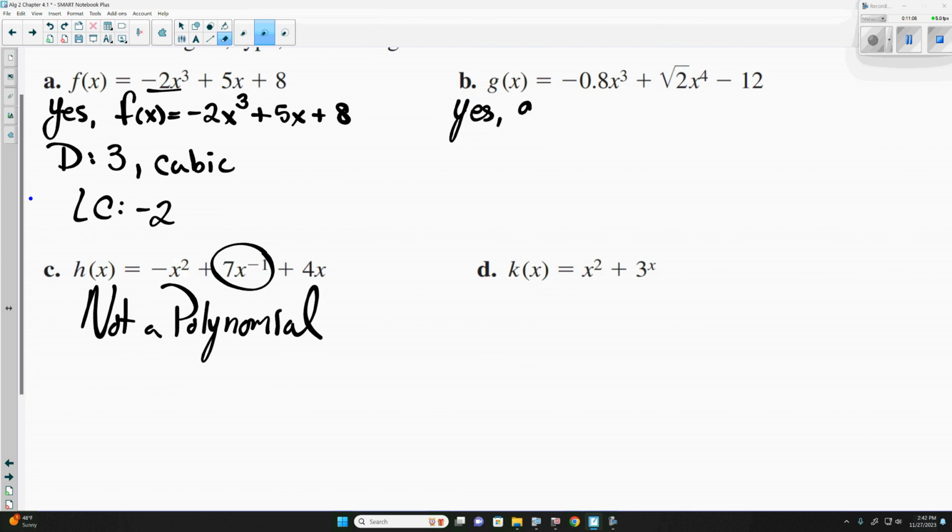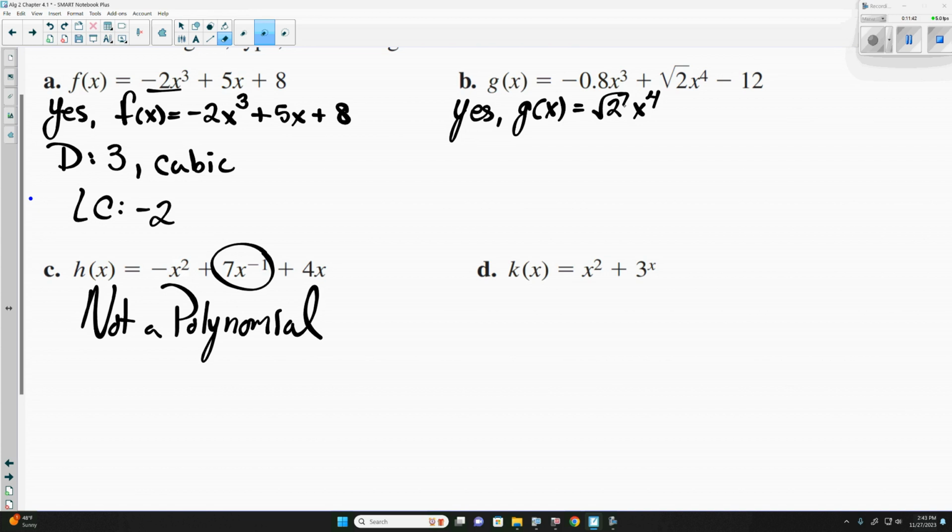So standard form? Is it like the equation that they give us? Kind of. So which variable has the biggest exponent? Square root of 2x to the fourth, yes? So it goes first. So square root of 2 x to the fourth. It goes first. Since it's positive, we don't have to write a sign in front of it. And then we decrease. Well, what comes before 4?